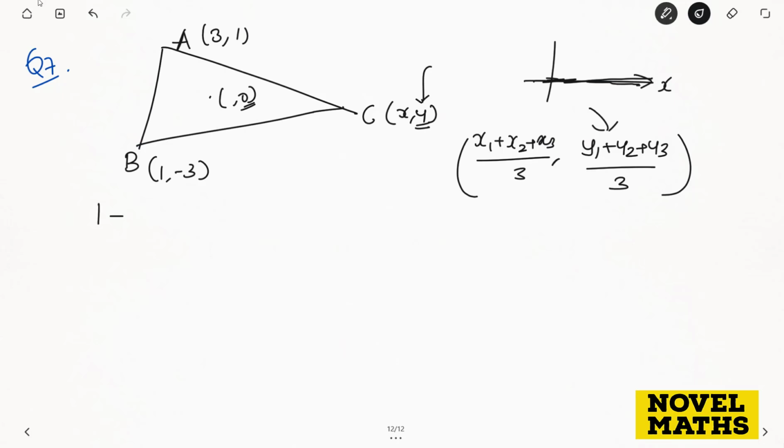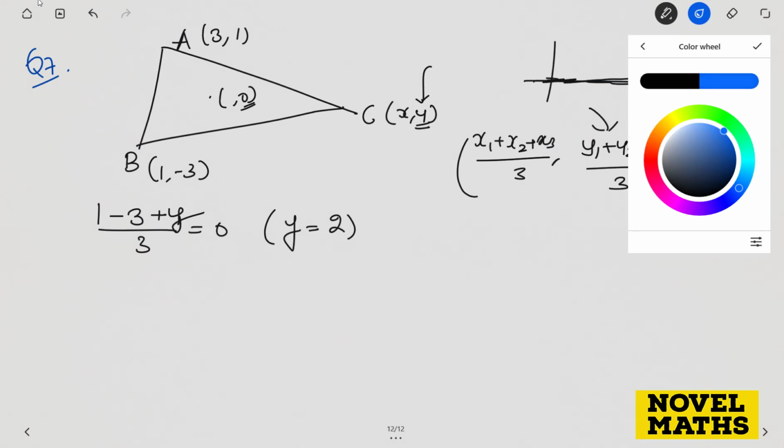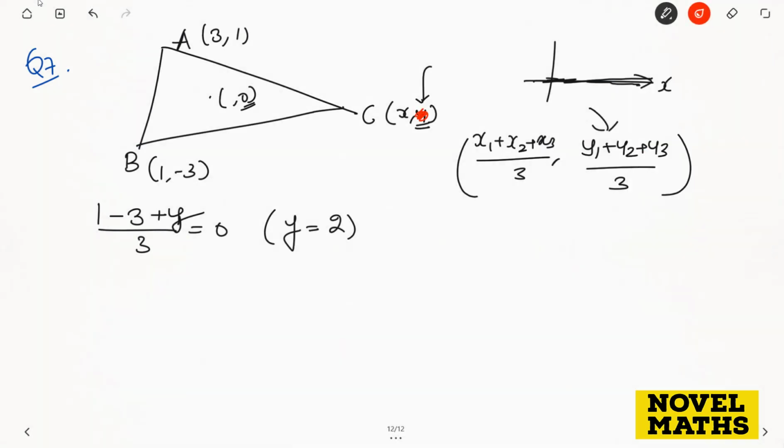So 1 minus 3 plus y over 3 is 0. So y is 2. So we have eliminated one thing here. Alright. 3, 1, 1, negative 3, x and 2.